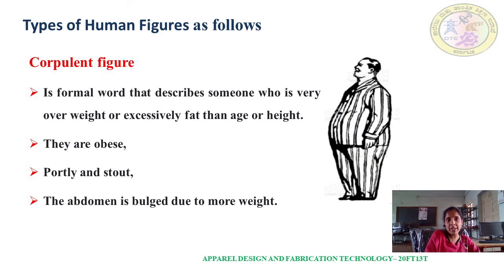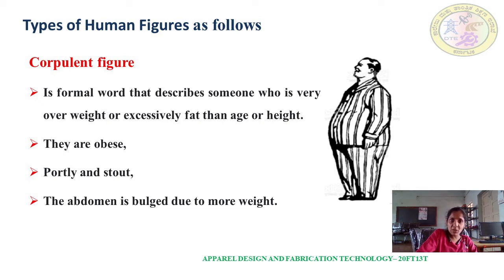And the next one, the last example, is the corpulent figure. As the name suggests, in this the body weight will be more; these are heavy-weight bodies. The height will be less and the figure will look fat.